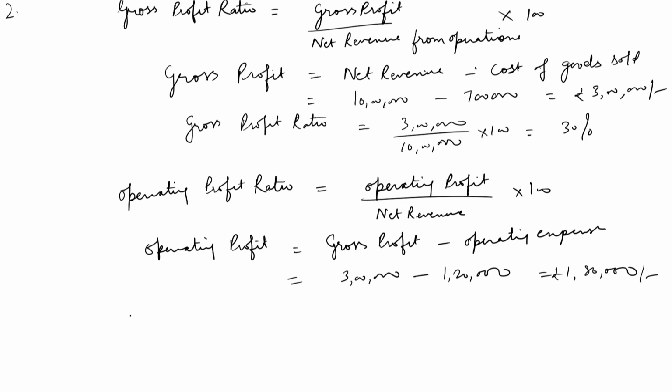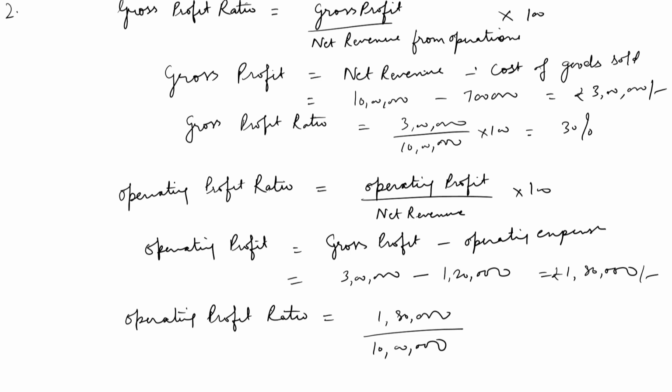Now the operating profit ratio will be the operating profit 1,80,000 divided by the net revenue from operations, that 10 lakh given in the question. So it comes to the figure of 18%.